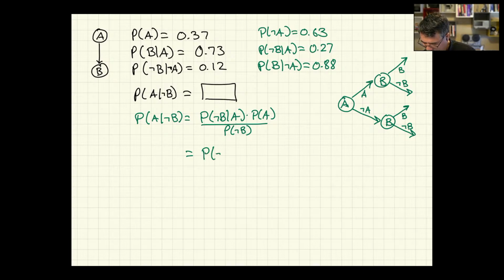So we'll do probability of not B given A times the probability of A. And then on the bottom, in order to find the probability of not B, we're going to be following this branch and this branch.